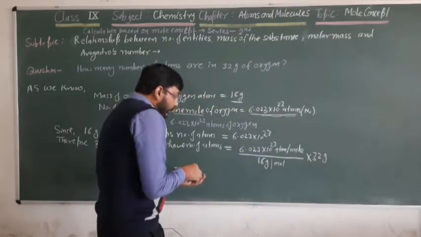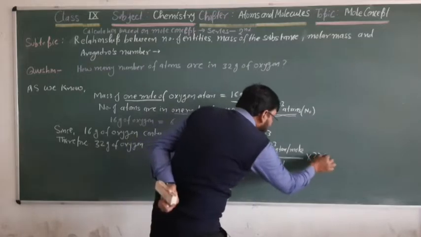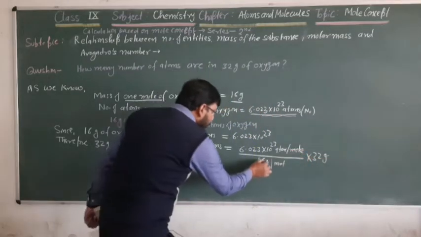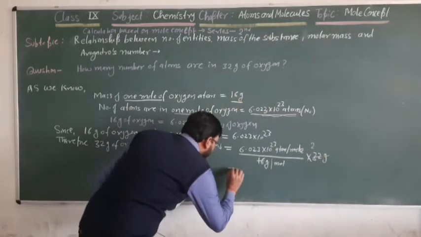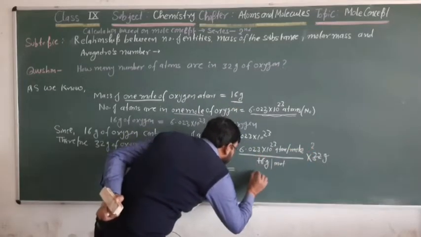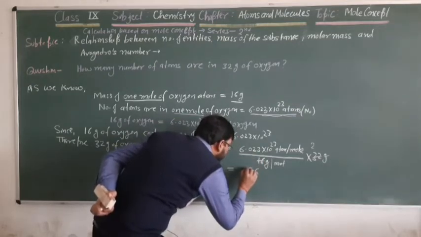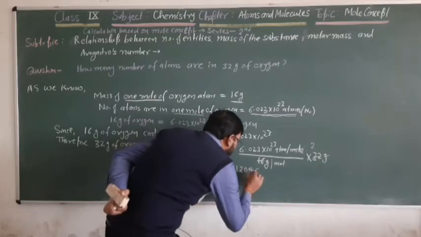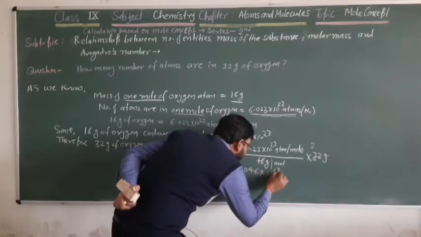So the gram cancels, the mole cancels. Now 16 into 32. Overall we will get 12.046 into 10 to the power 23.